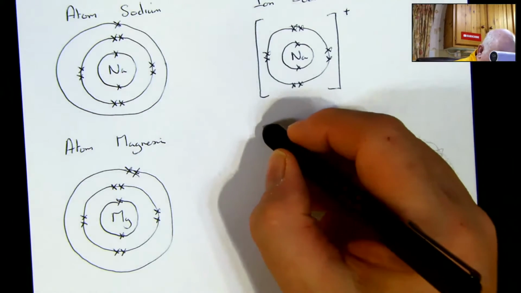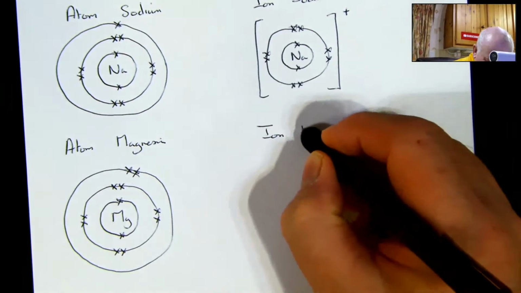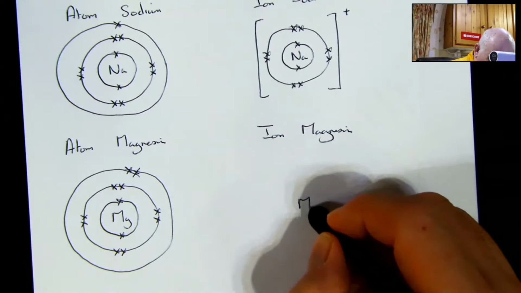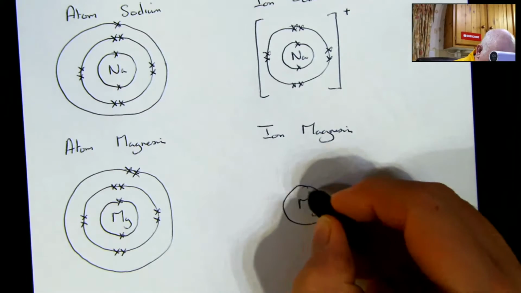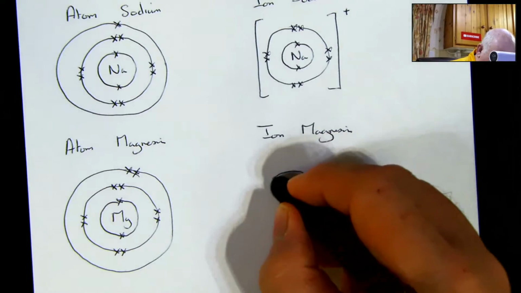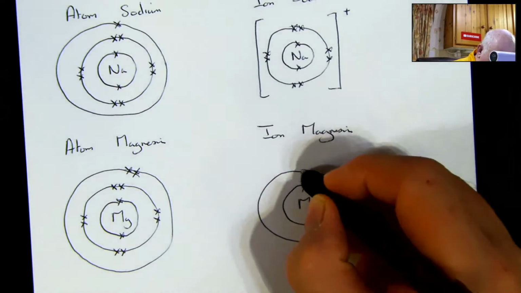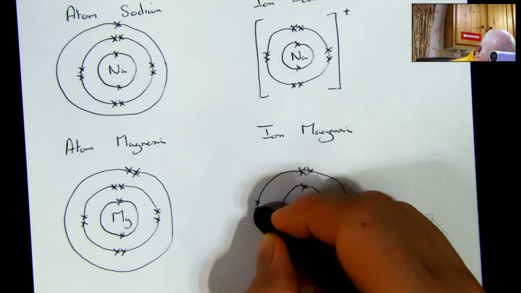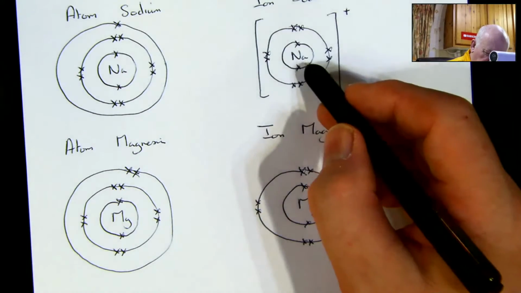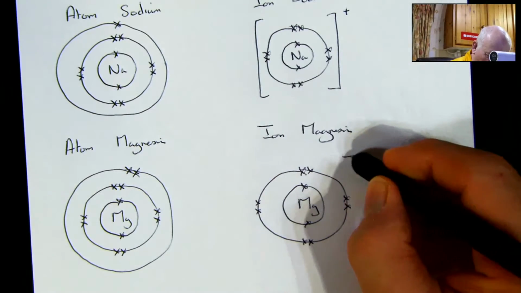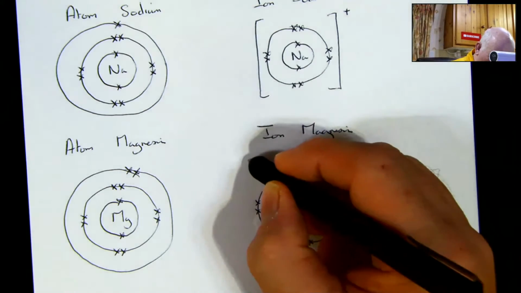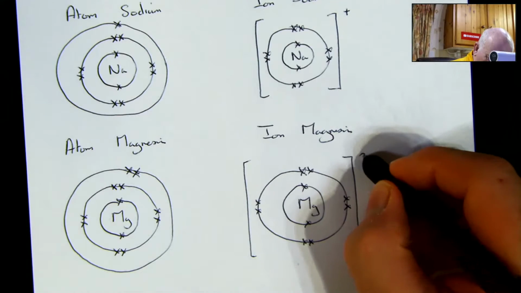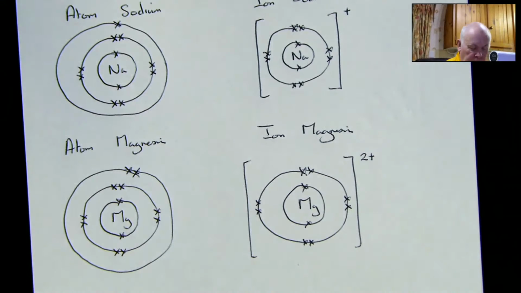When magnesium forms an ion, it loses 2 electrons. So we get our first 2 shells complete. So this ion of magnesium looks very similar to the ion of sodium, especially from its electronic structure, but it's lost 2 electrons, so this is now 2+.